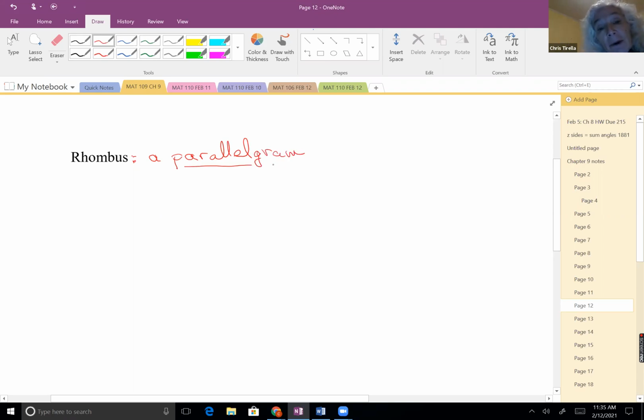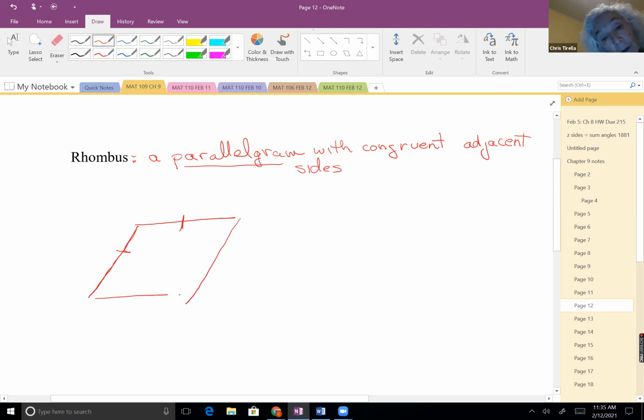A parallelogram with congruent adjacent sides. So I want to draw a parallelogram where I know that two sides next to each other have the same length.